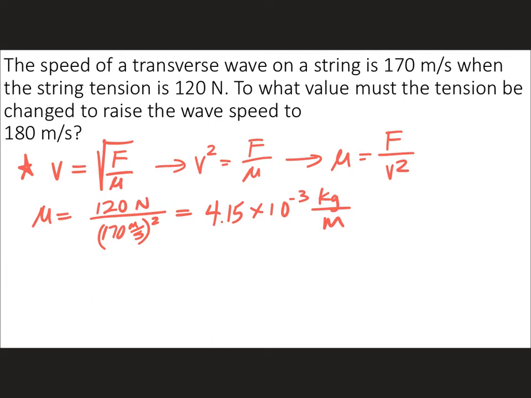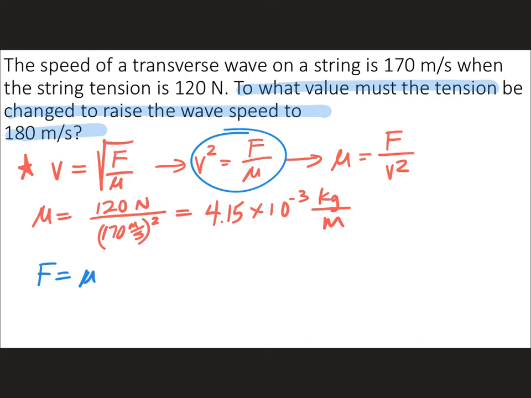waveform. And so now, to what value must the tension be changed to raise the wave speed to 180 meters per second? Well, I can just take that same function, okay, namely this one, or any one of these, and I could just say, you know what, the force, the new tension, to get that speed, so this is going to be the force value or new tension, because the string didn't change.